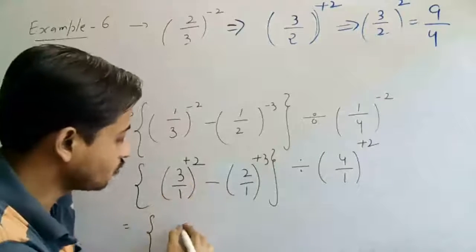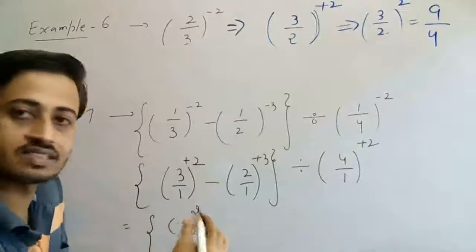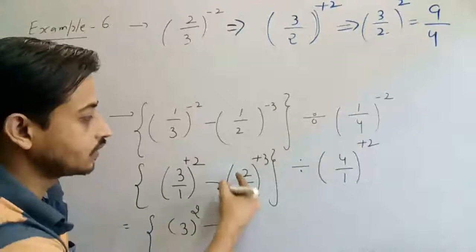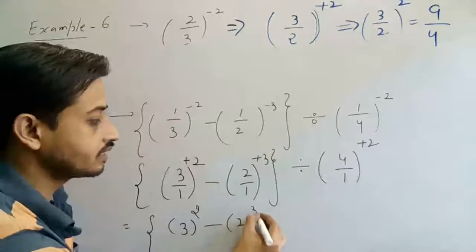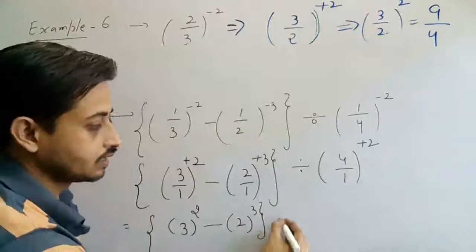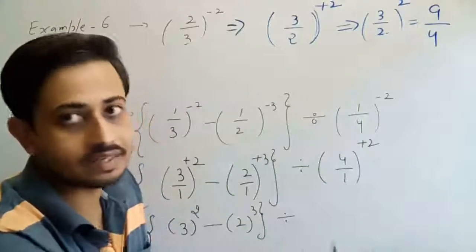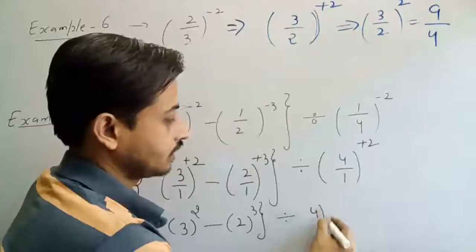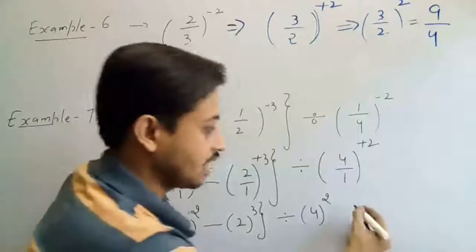Now 3 divided by 1 means 3, and positive 2 can be written as simply 2. Same here, 2 by 1 can be written as 2, and positive 3 simply written as 3, and this is divided by 4 by 1, which again can be written as 4, and plus 2 can be written as only 2. Now I am solving this.